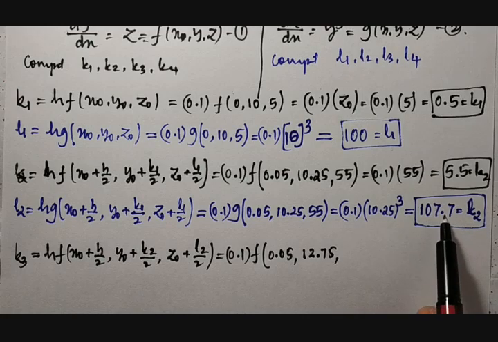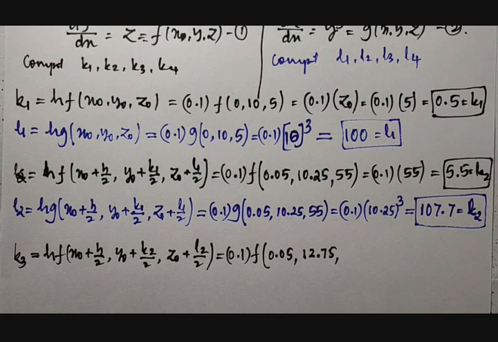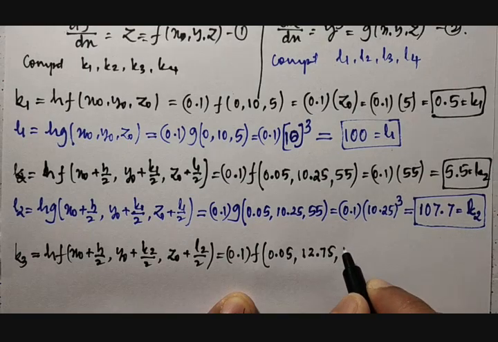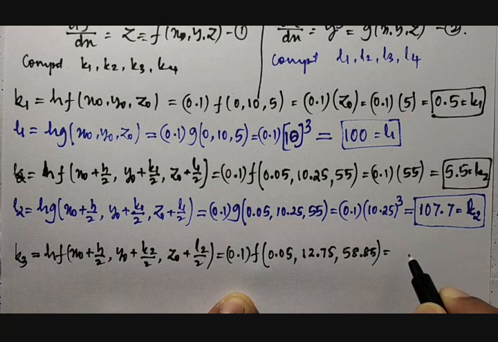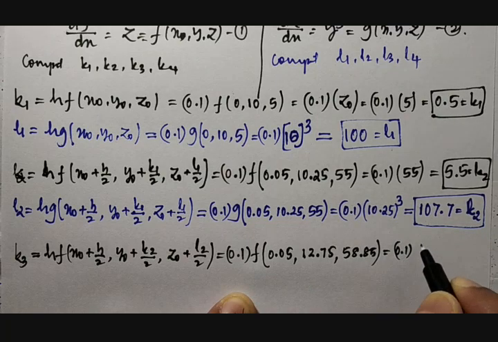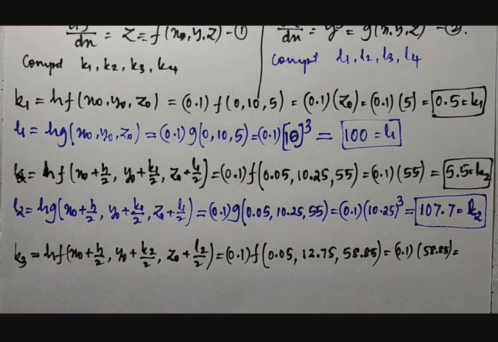L2 is this much, this divided by 2. Then that is equal to 58.85. So 0.1 into 58.85, this will be equal to 5.885.